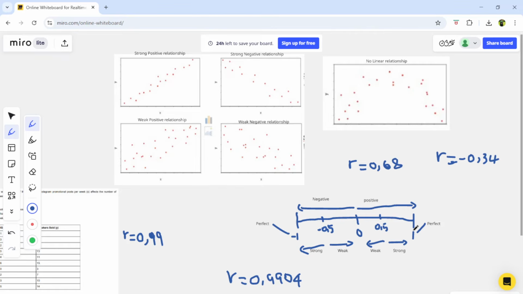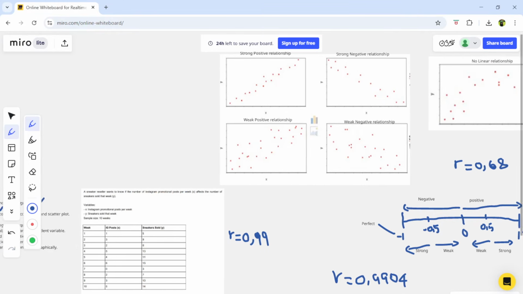So it is a strong, positive, linear relationship, just like the one we had for the IG post and the number of sneakers sold. If it is exactly 1, then you're going to say it is a perfect positive linear relationship. If it is -1, it is a perfect negative linear relationship between x and y. Right, I think that makes some sense.